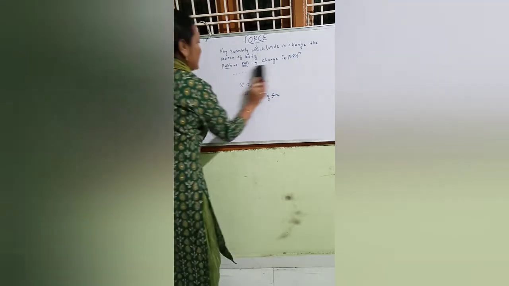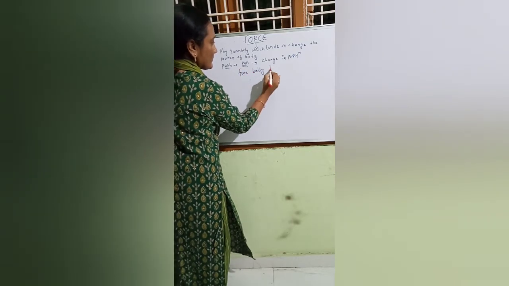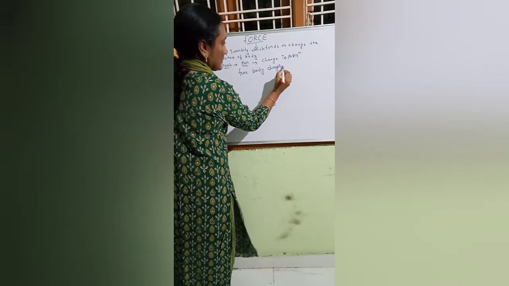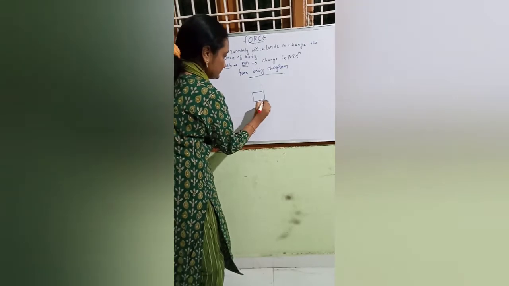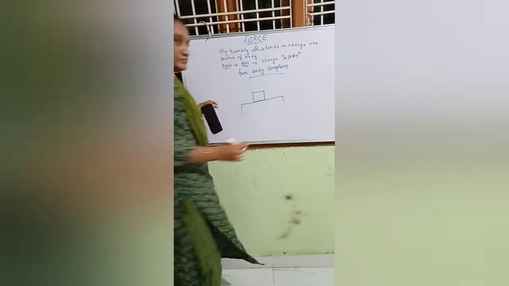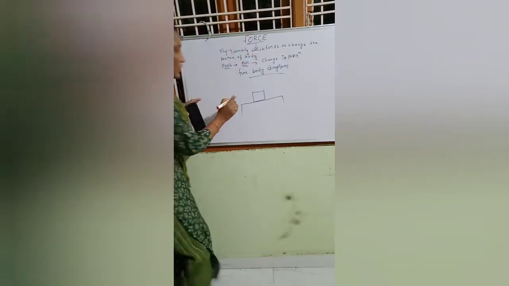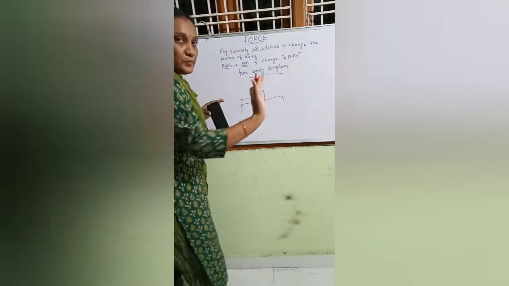Now next, let us discuss the free body diagram. Free body diagram means, now I took a block. I kept it on a table. Now how many kinds of forces are acting on the block? One is, in such a way, I am pulling the block.